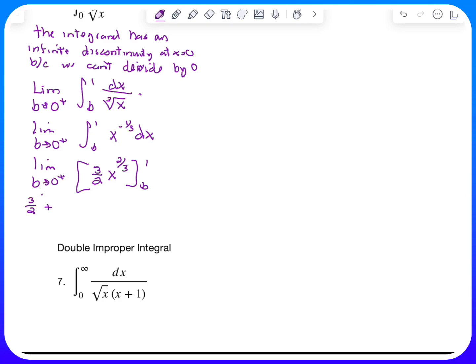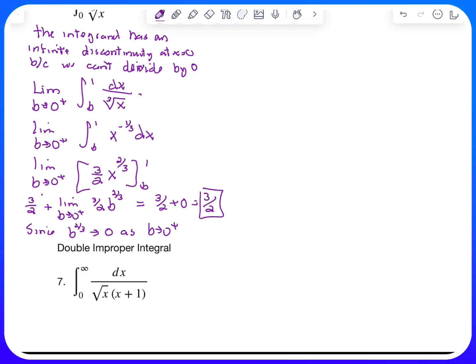Plugging in 1, we just get 3/2, and then we have the limit as b goes to 0 from the positive side of 3/2 b to the 2/3 power. Now since b to the 2/3 power approaches 0 as b goes to 0, this is 3/2 plus 0, or 3/2. So this integral converges to 3/2.